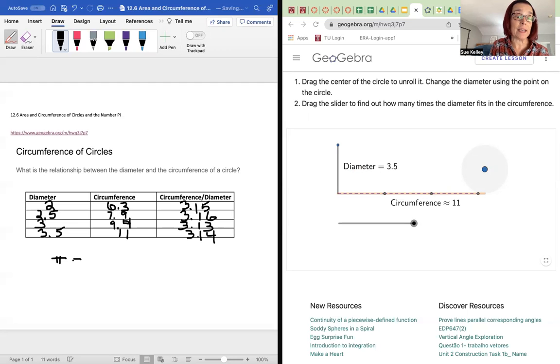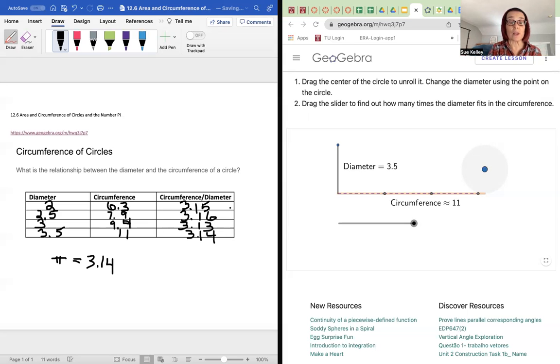Pi is an irrational number, so it never ends, but we can approximate it as about 3.14. It has unending decimal points, but for our purposes, we're going to say 3.14.